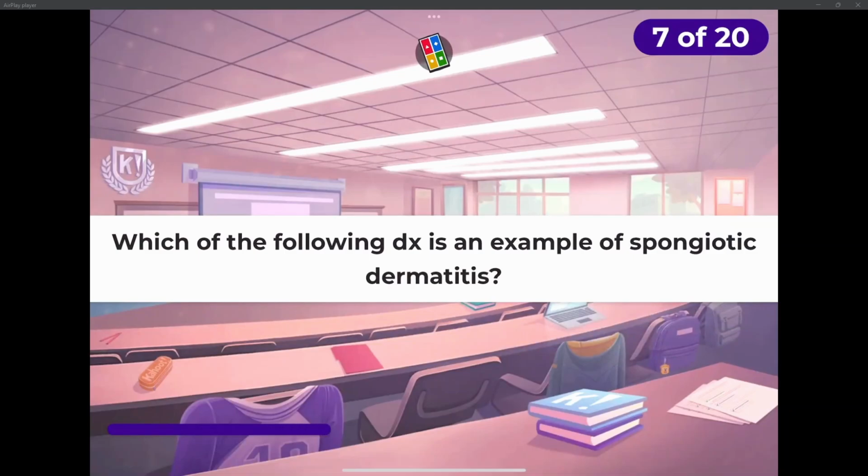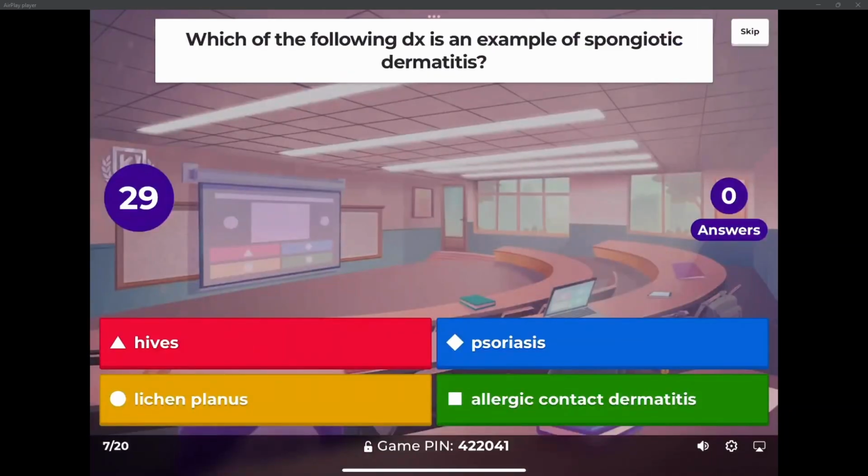Okay, which of the following diagnosis is an example of spongiotic dermatitis? So with spongiotic, remember it's going to have filling of fluid. Okay, obviously no one studied these 9, so I know that.